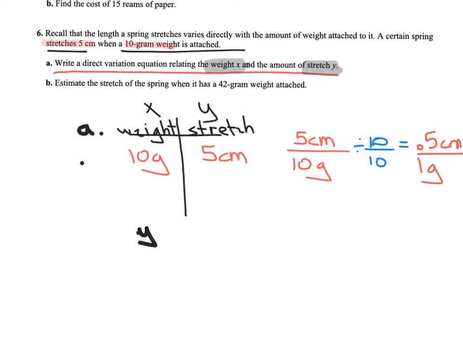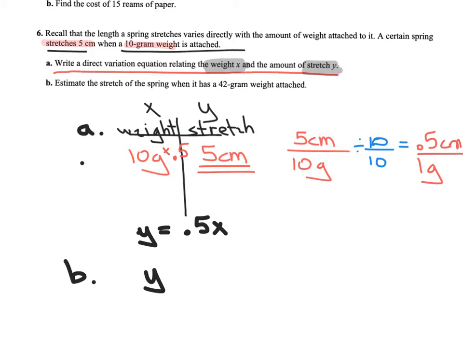So my equation is going to be this. The total stretch is going to be 0.5 times my weight. And if we wanted to check that, we could easily just look at our table. So in my example, my weight was 10 grams, and when I multiply that by 0.5, I get 5 centimeters of stretch. Okay, so part B, it says estimate the stretch of the spring when it has a 42-gram weight attached.